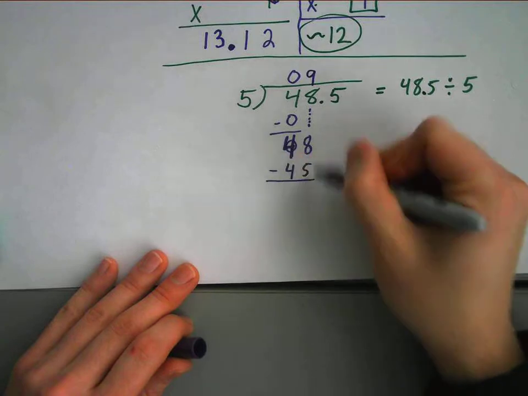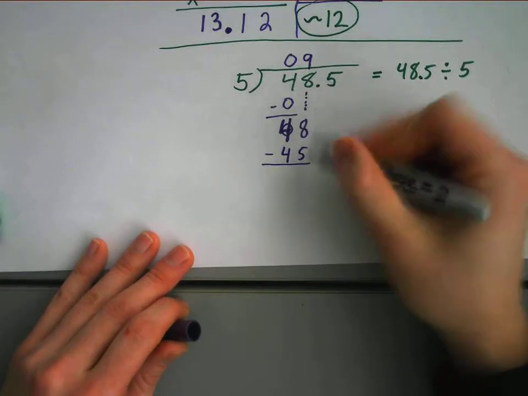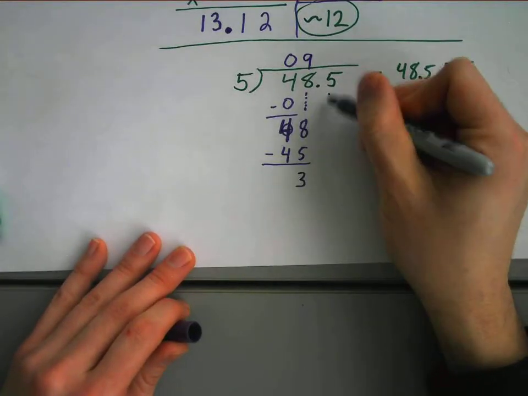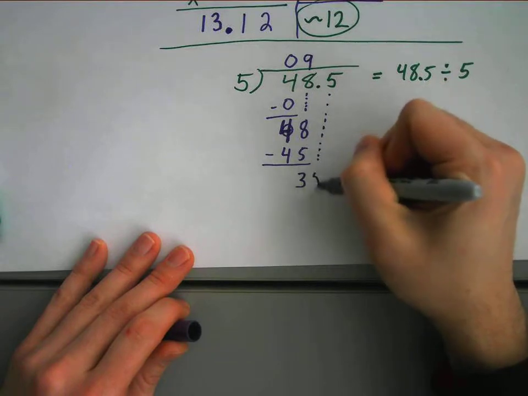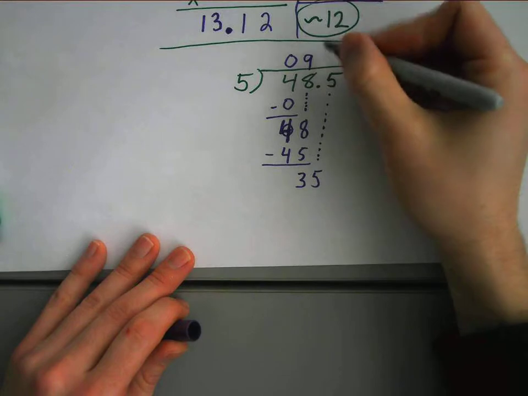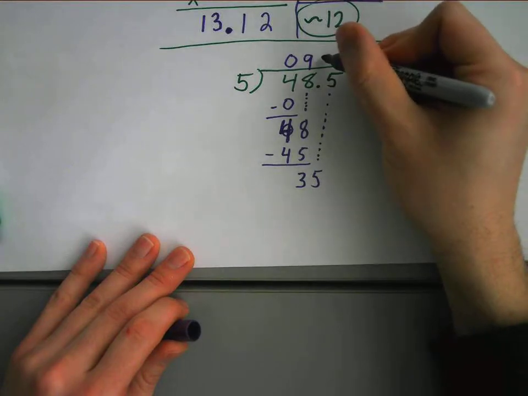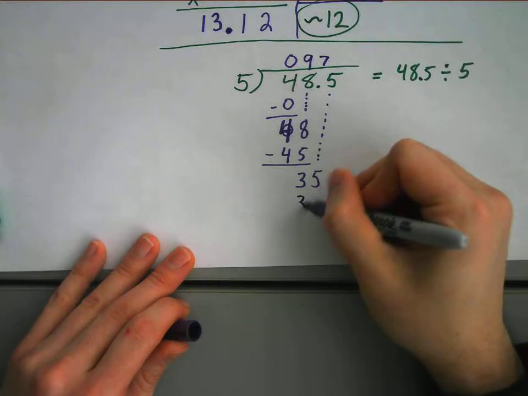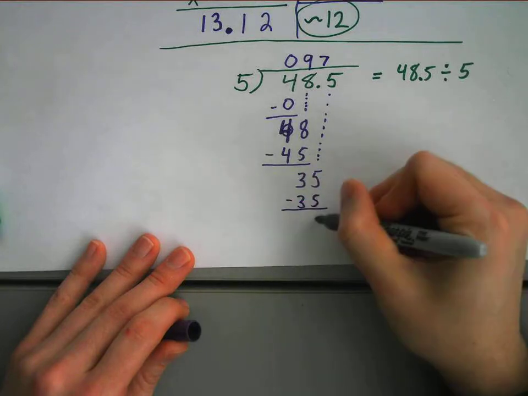We subtract. 48 minus 45 is 3. The 5 falls down now. 5 goes into 35 how many times? 7. And that makes 35, which is exact, and 0.